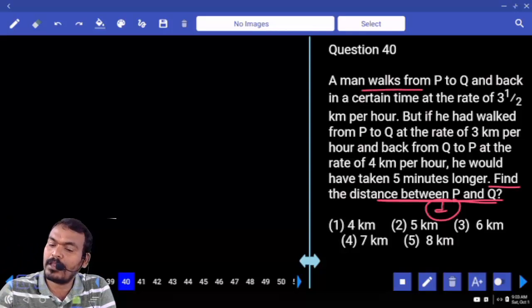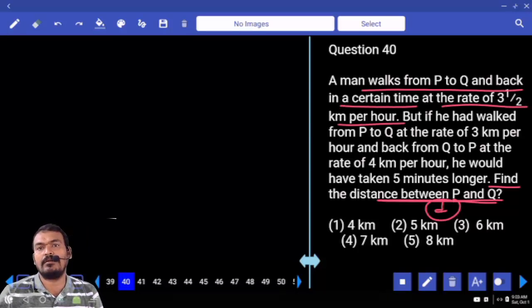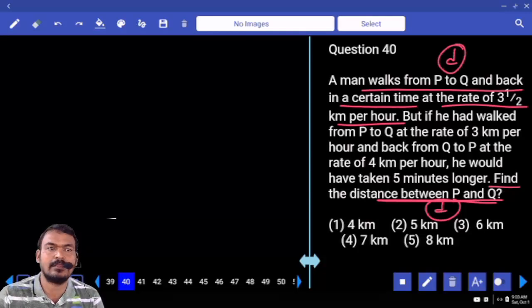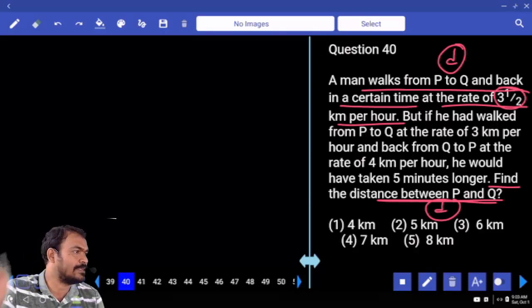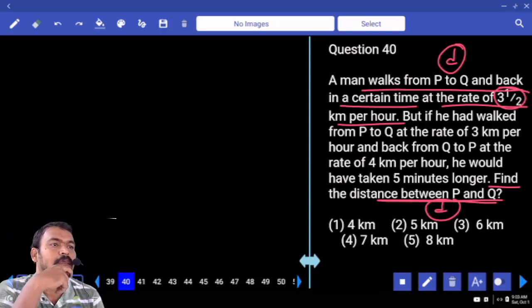What is the first point? A man walks from P to Q and back in a certain time at the rate of which one? 3.5 kilometer per hour. Means P to Q distance d is a multiple of which one? 3.5 hour. Because distance by speed we get the time. Yes or no?